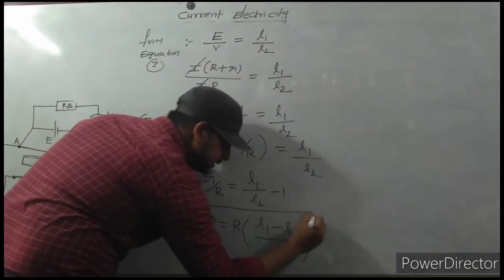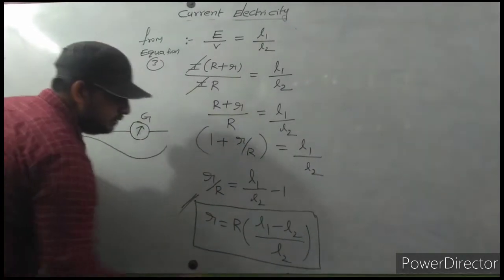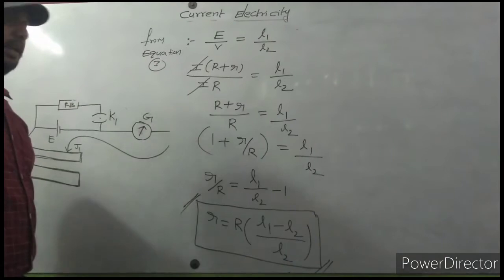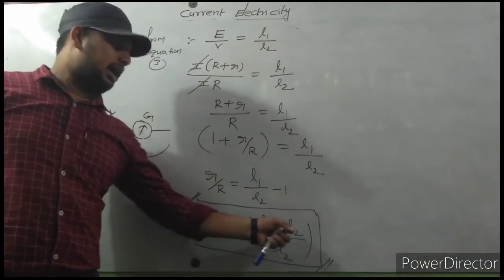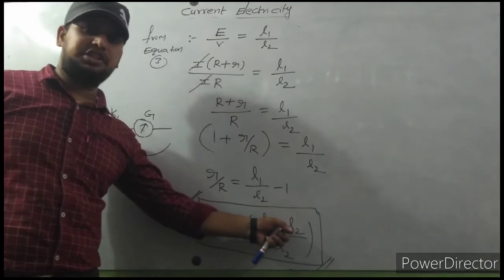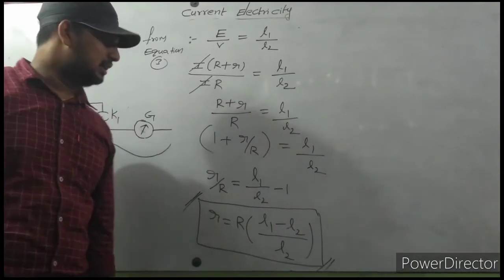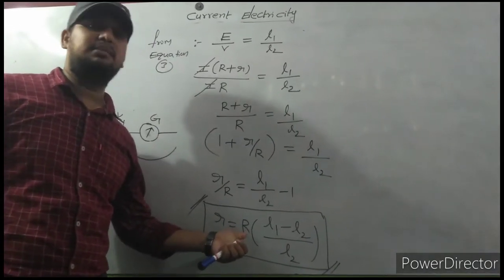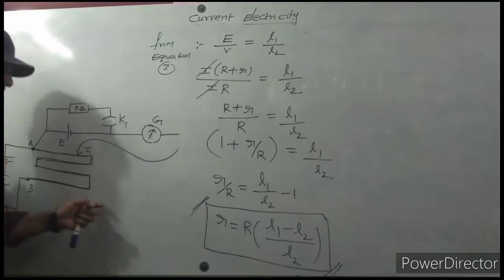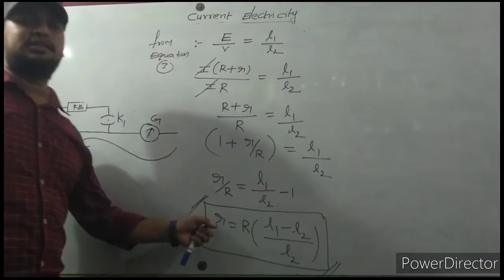So this is a very important formula. If the balancing length of EMF E is L1 and the balancing length of potential difference V is L2, and the external resistance R, which is the resistance of the potentiometer wire, is given, the internal resistance is easy to find by using this formula.